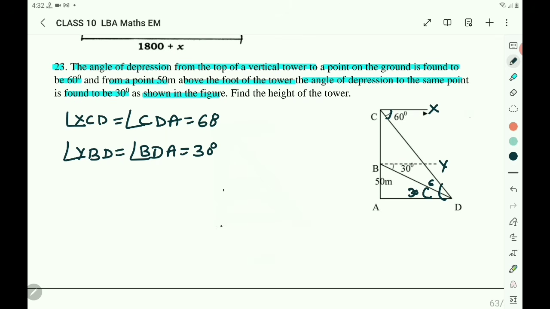Then here you find what we have to find. We have to find the height of the tower. You know AB. By using this AB and this 30 degree angle, you can get the value of AD by using the trigonometric ratio with the opposite side AB and adjacent side AD.